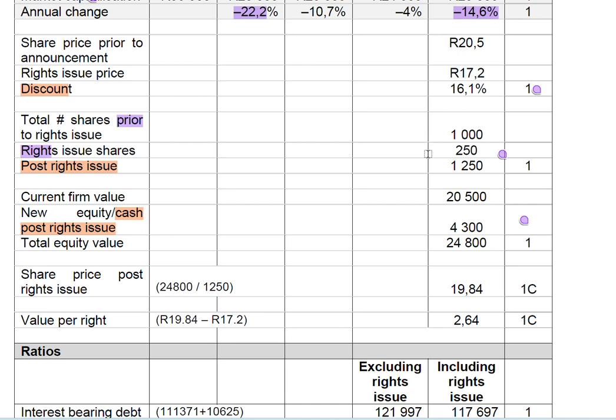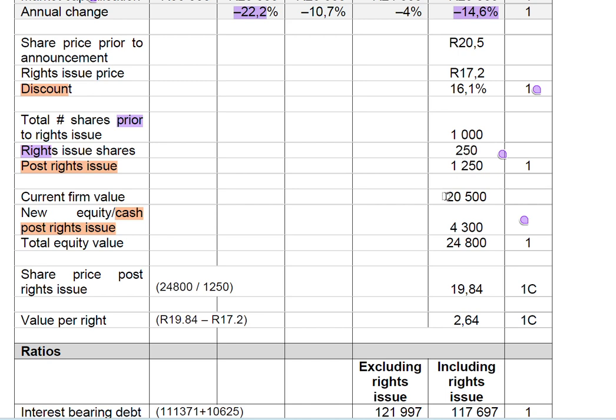SAICA knows exactly what they provided you in the table, so you're not going to lose marks for bringing in 1,000 instead of 1 billion, or 250 instead of 250 million. So now the post right issue figure is 1,250, which is 1,000 plus 250.